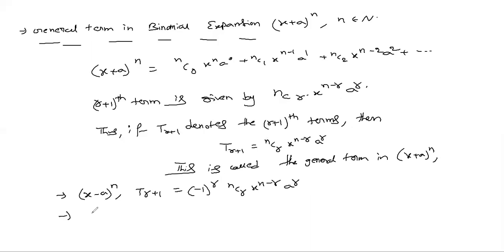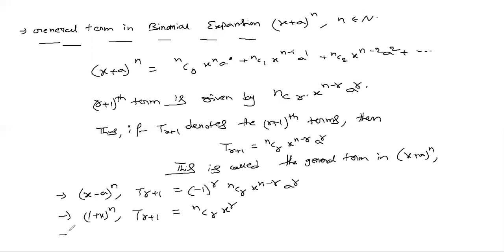Then what will be the general term for the binomial expansion (1 + x)^n? We know the binomial expansion for (1 + x)^n. Let us write the general term for this. It will be nCr x^r.